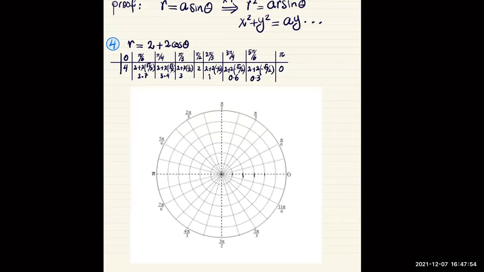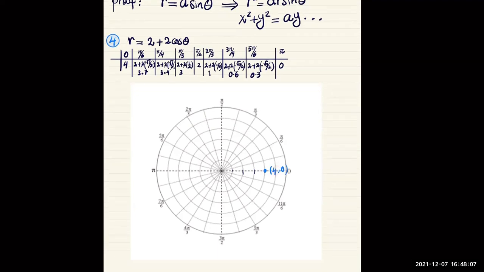We're talking about this point. The point is 4 for r and 0 for theta. Remember, this is r, this is theta. Do not confuse this with xy. It's just a coincidence that xy here is also 4, 0.